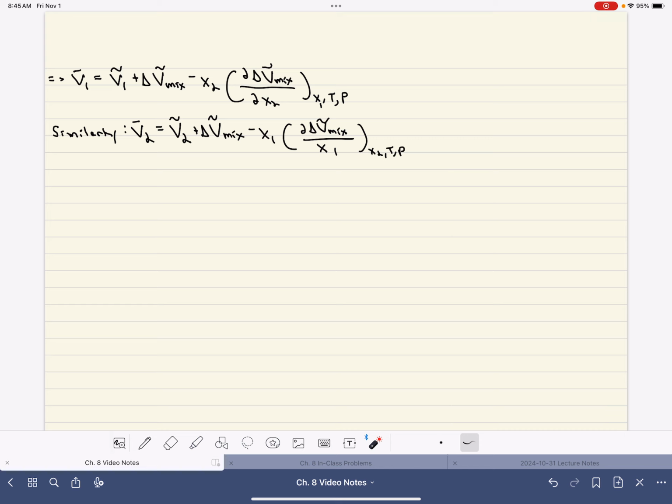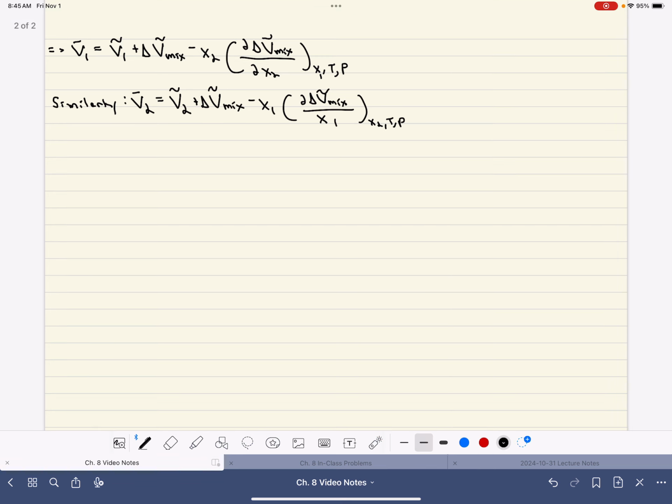But of course, we still need to take some derivatives in order to calculate V1 bar and V2 bar. So to get V1 bar and V2 bar, we need these things.